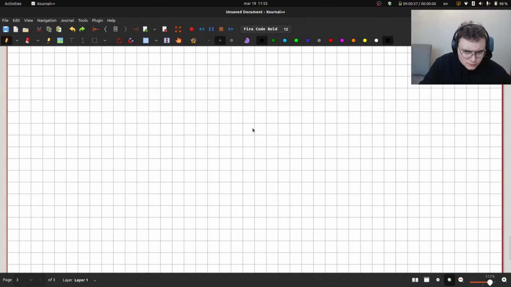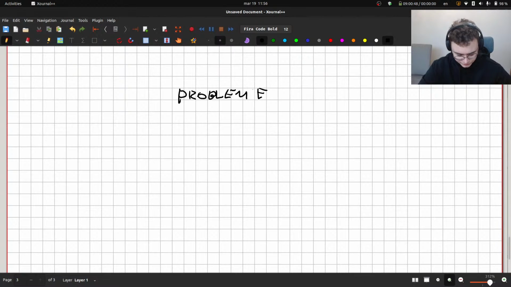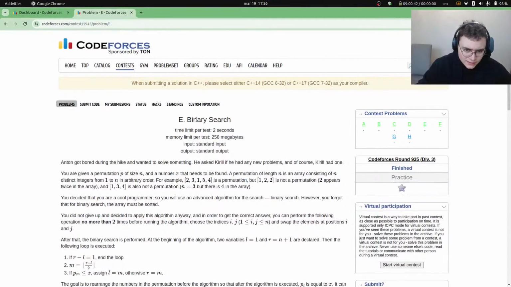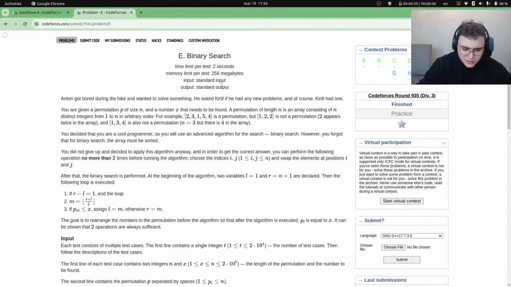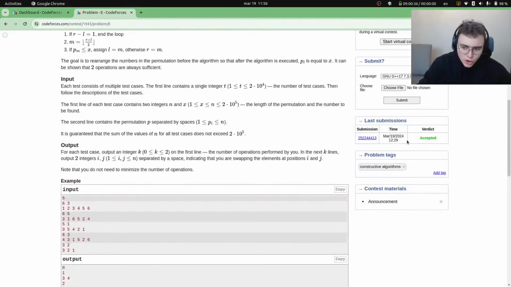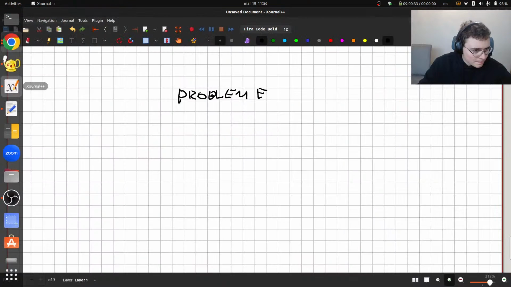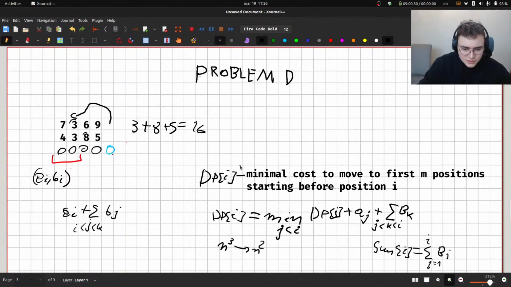So, problem E. I think this was the first problem in this round that required some thinking or something harder. This could be a normal div 2 C. This problem could be a normal div 2 C. So, I can send it to chat.